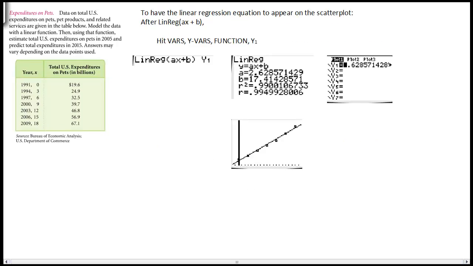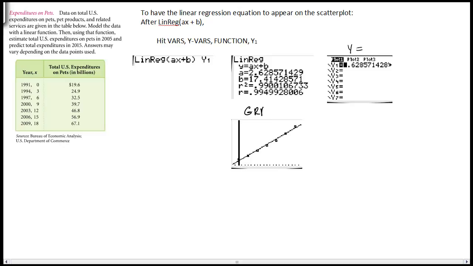To have the linear regression equation appear on the scatter plot, after you hit LinReg(ax+b), hit Vars, Y-Vars, Function, then Y1. After you hit enter on that, it still produces the equation of y is equal to ax plus b, but then it also puts it into the Y= equation.